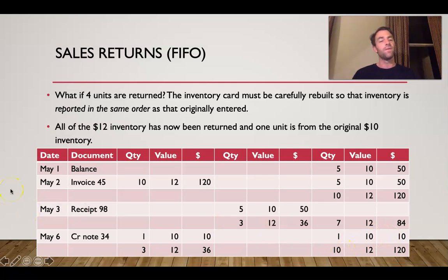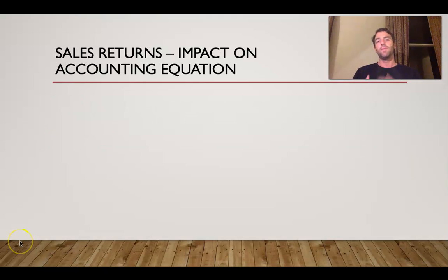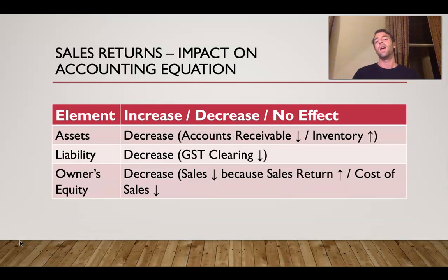Again, that's a lot of information on a slide. Pause, have a look through it, maybe look back at your notes, and we can do personal lessons if that is confusing. So what is the impact on our accounting equation because of a sales return? Our assets are going to decrease. Yes, our inventory goes up because we have inventory returned to our business, but our accounts receivable decreases by a larger extent because we are selling something for more than what it cost.